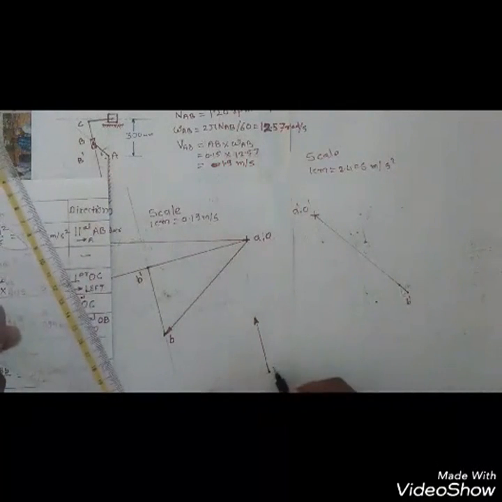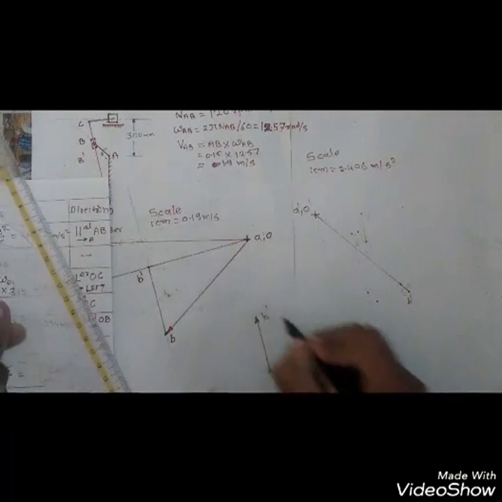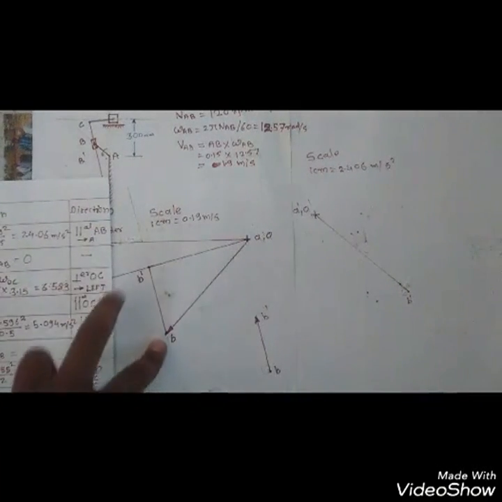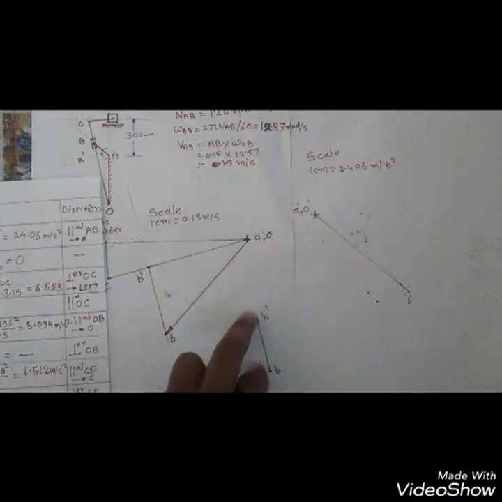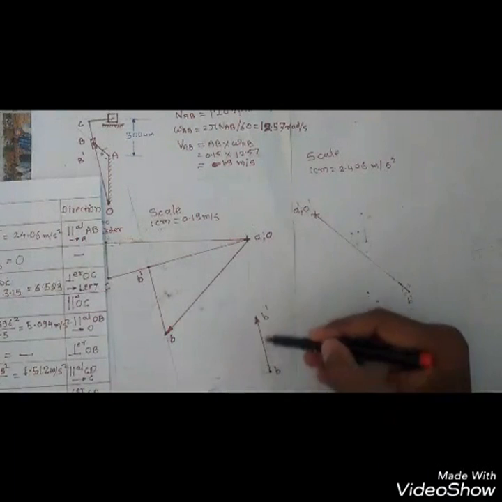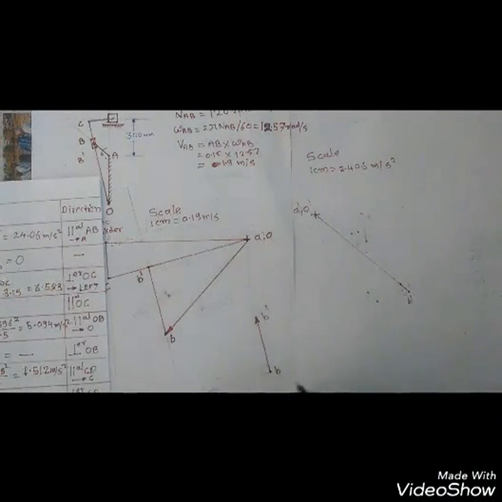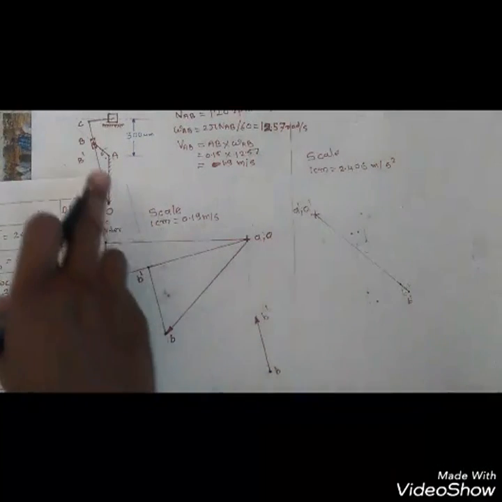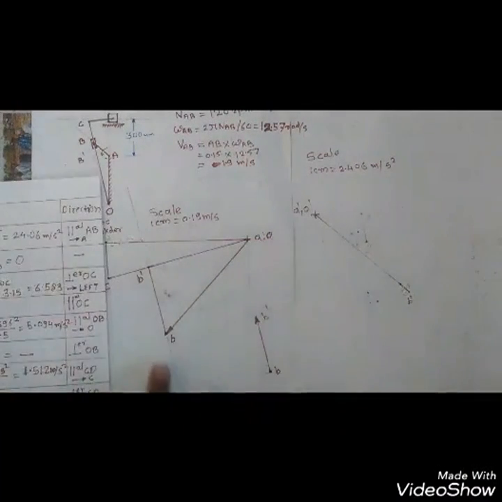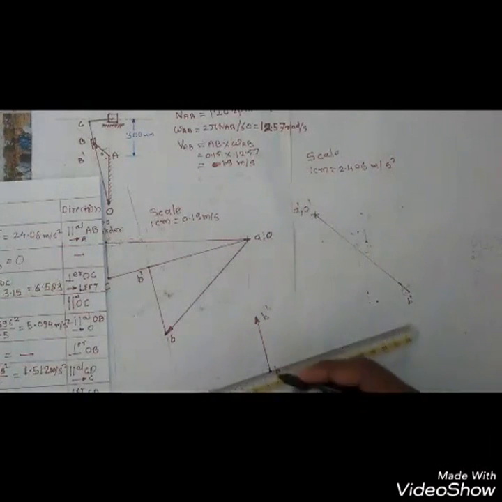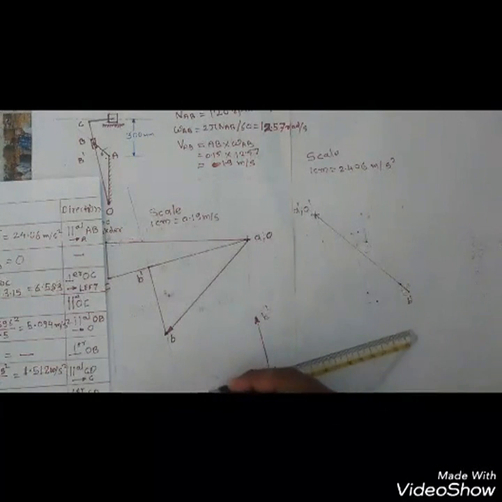I am reading this B dash, therefore drawing B to B dash. This direction is important. Rotate this vector through 90 degree in the same direction as our crank is rotating, that is counterclockwise. So rotate this counterclockwise 90 degree.